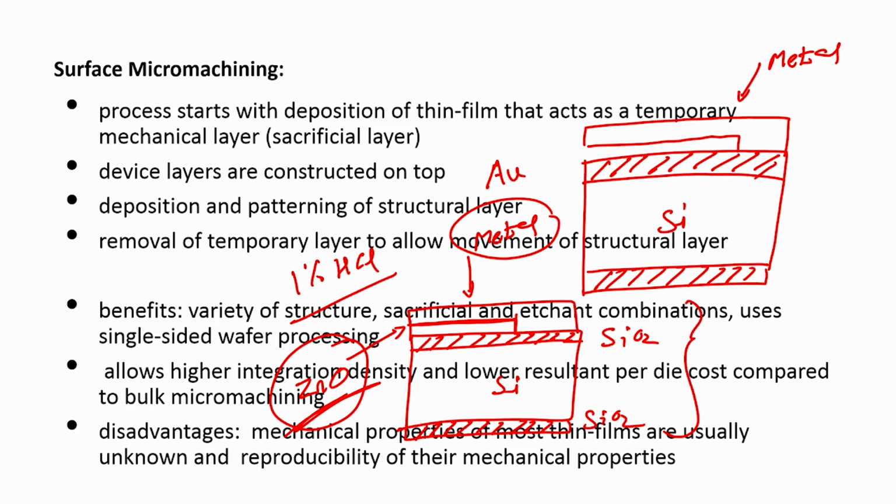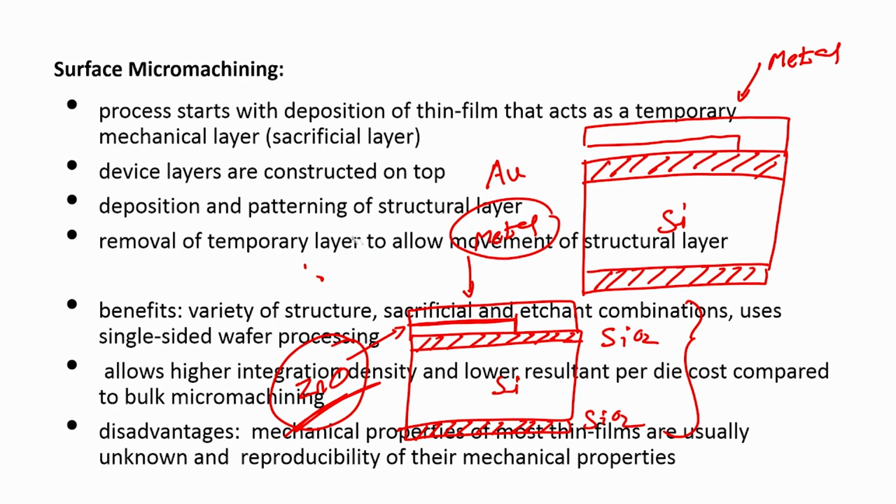And the zinc oxide layer that we etched to create this cantilever is called a sacrificial layer, the layer that we are sacrificing to create the cantilever, alright.